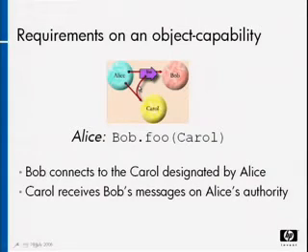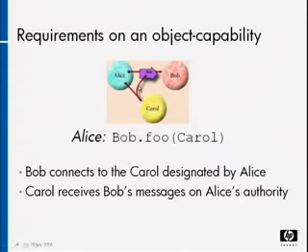It needs to provide Bob with a way to know that he's talking to the Carol that's referred to by this reference, and it needs to carry with it Alice's authorization to use Carol. If we can guarantee those things, then we can set up a useful collaboration scenario.